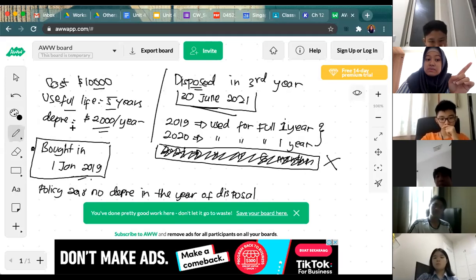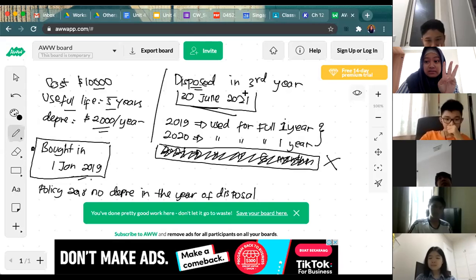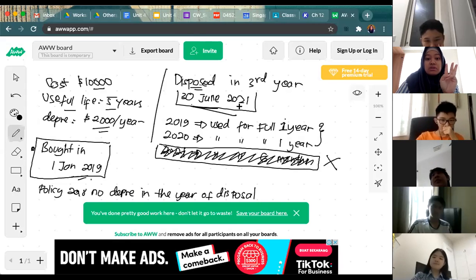So logically speaking, depreciation for the year is 2,000, from 10,000 divided by 5. Agree? Okay, next. It is said that the asset will be disposed in the 3rd year, dated June 30, 2020.